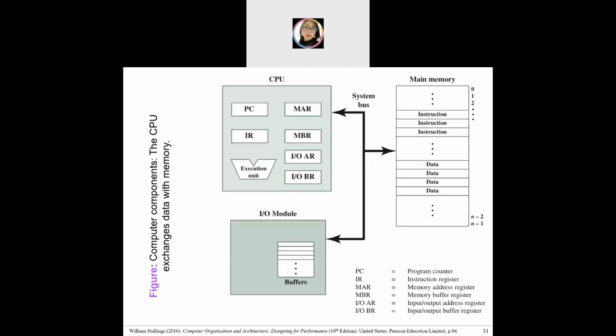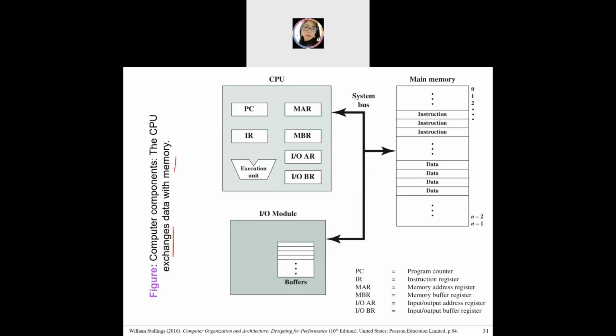Okay, here you can see the picture for your computer, of course, because we are playing around with computer organization and architecture. The CPU exchanges data with memory.